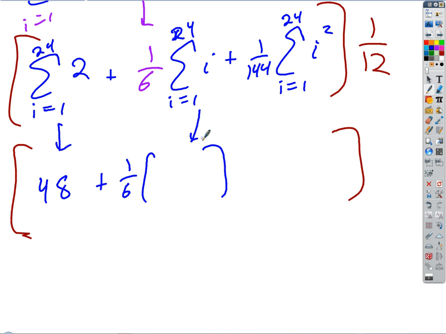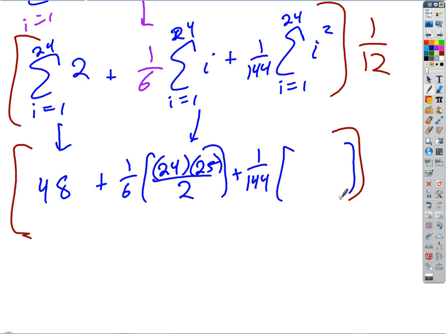Yeah, good, n times n plus 1, so 24 times 25 over 2, plus 144 times the sum of i squared. That was a weird one: n times n plus 1 times 2n plus 1 over 6. Good, so what's that going to be?